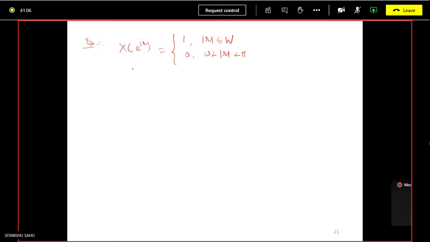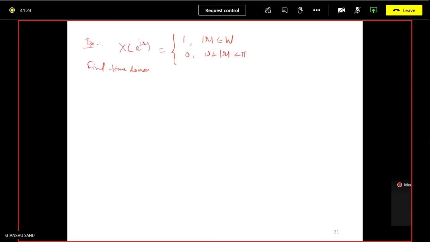If the spectrum is given like this, you are asked to find its time domain signal.